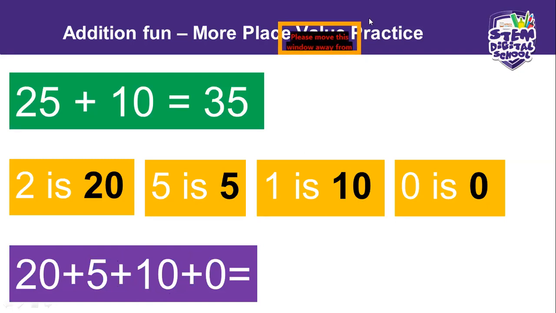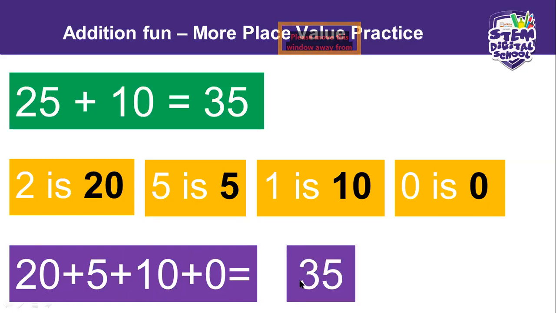Or if you want to count in tens, you can say 20, 30 plus 5. It gives you 35. That's correct. The answers are the same. But what is important here was not just to get the correct answer.